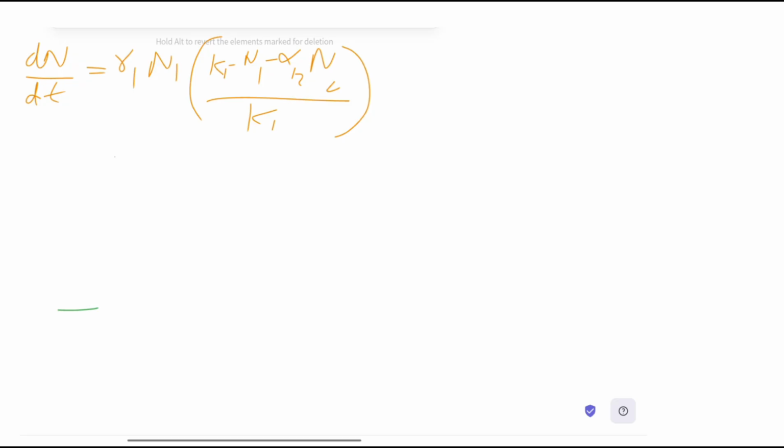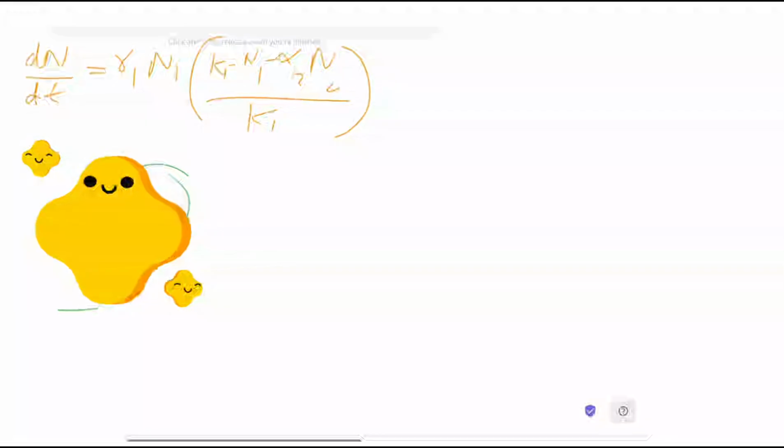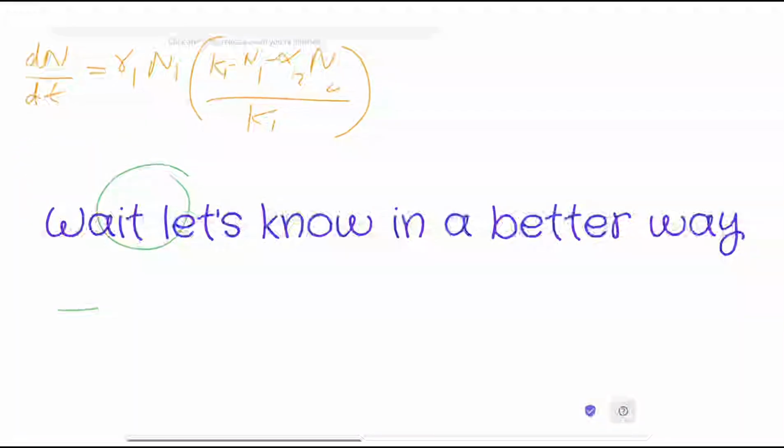The value of the competition coefficient is the ratio of the competitive effect of each species. For example, if one individual of species 2 has the same competitive effect on the population of species 1 as 10 individuals of species 1, then the competition coefficient would be 1/10 = 0.1.